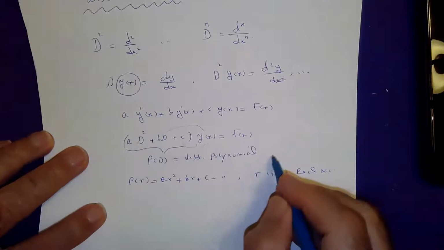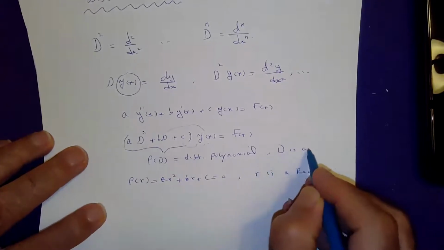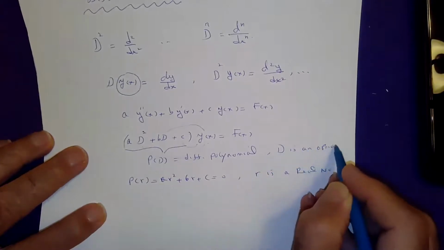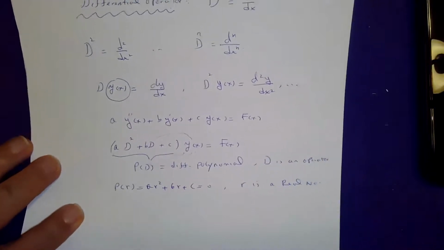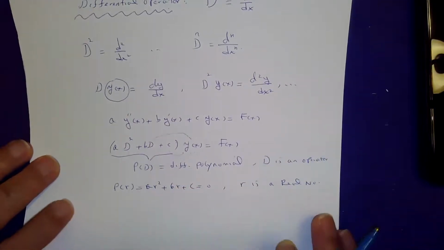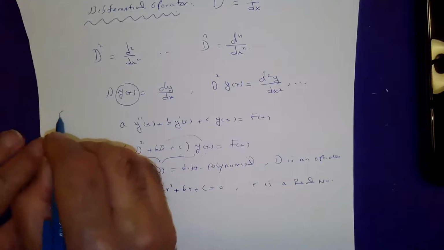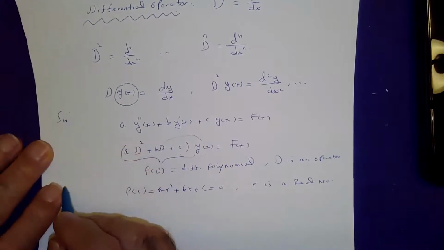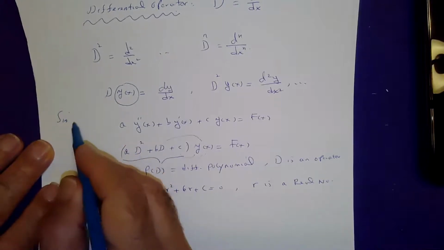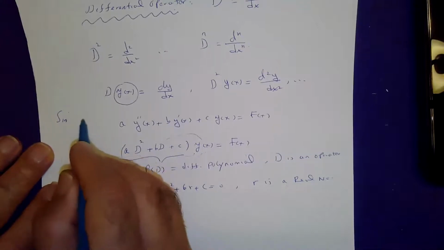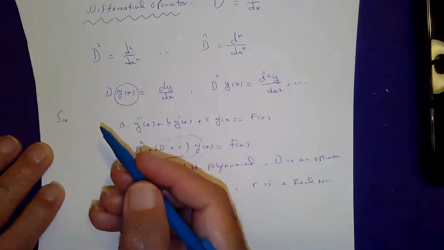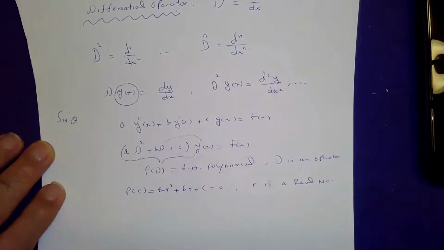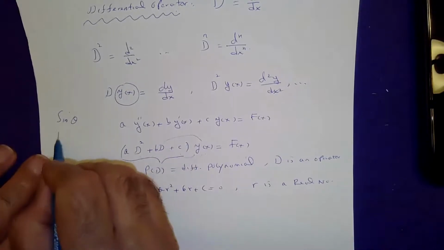But here, D is an operator. What is an operator? It has to apply to something to make sense. For instance, sine is an operator. But if you don't apply it to any angle, it doesn't mean anything. Unless you apply it to an angle, then it means something. Okay?